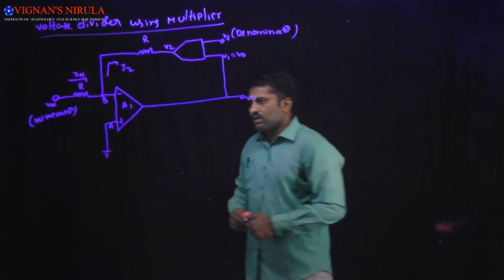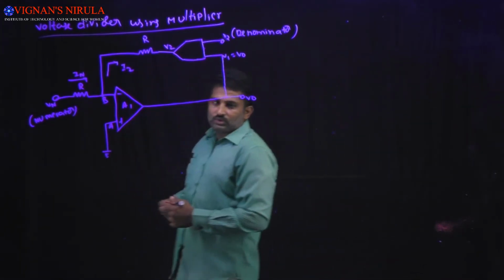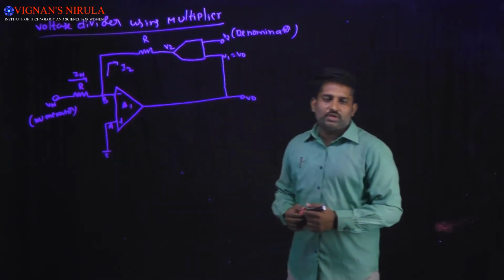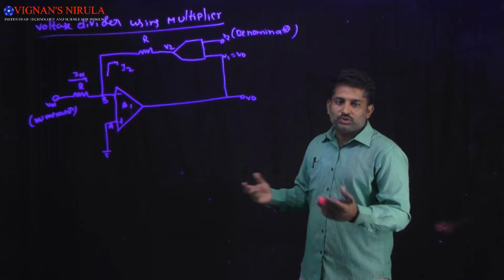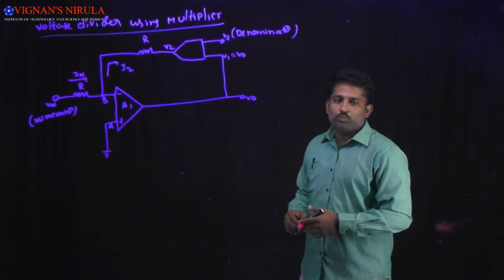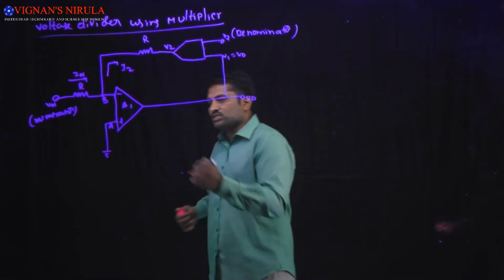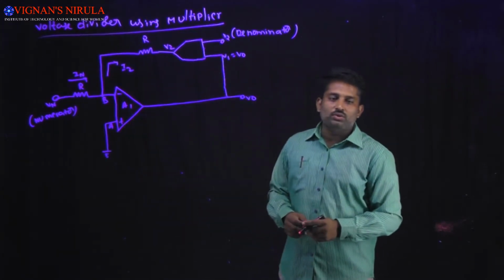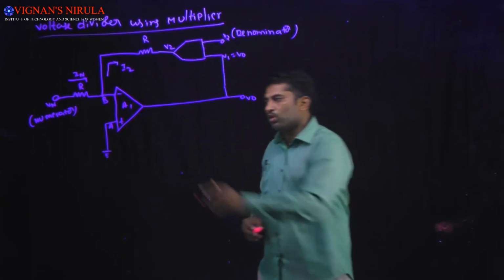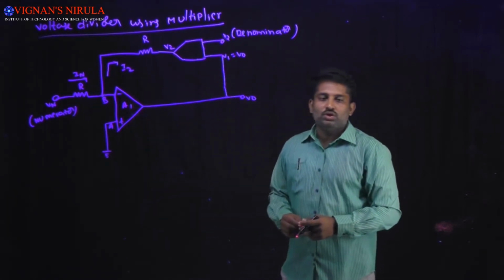Coming to the op amp A1, the current drawn at the input terminals of an op amp is 0, or the input current will be equal to the output current. The node A is connected to ground, and according to the virtual ground concept, the node B is also at ground.